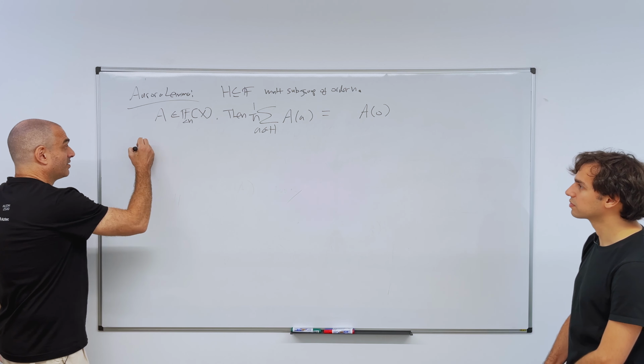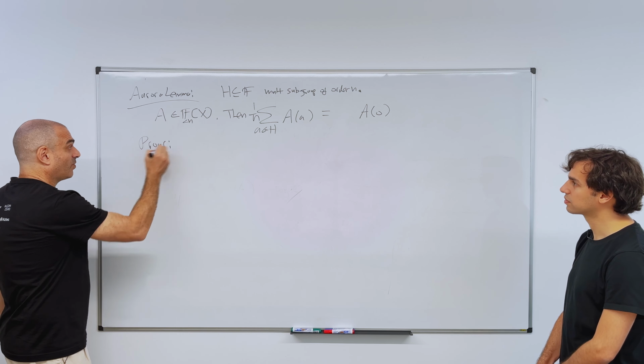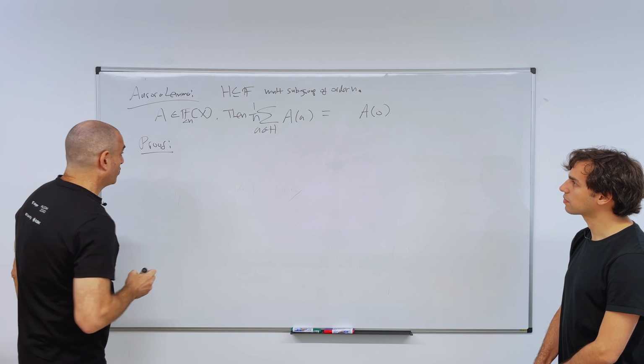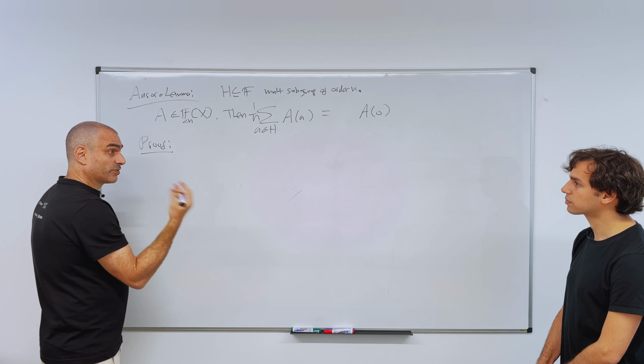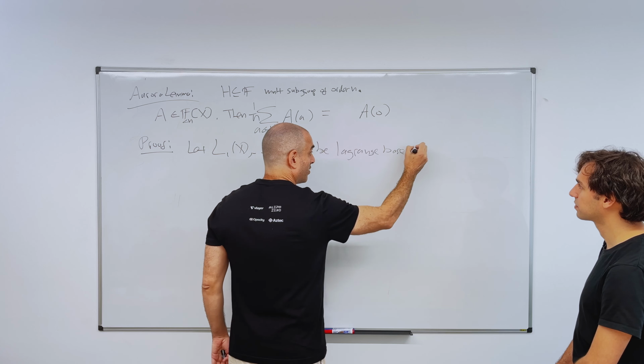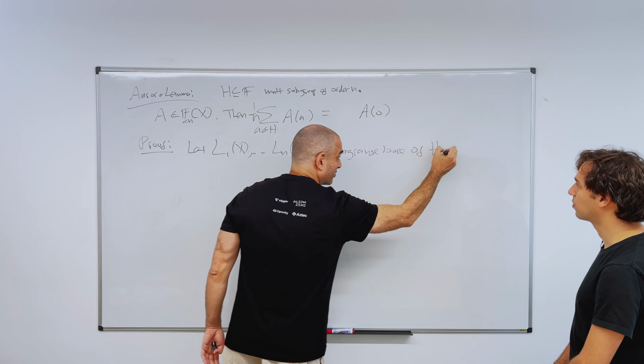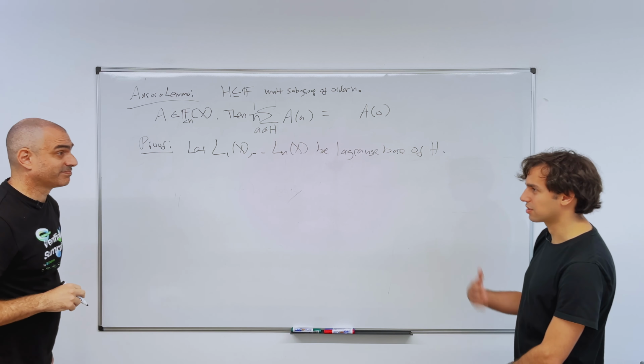So let's see why this holds. We're going to look at what's called a Lagrange basis. Let L_1 to L_n be the Lagrange basis of H, which I think we cover in Module 6 on lookups as well.